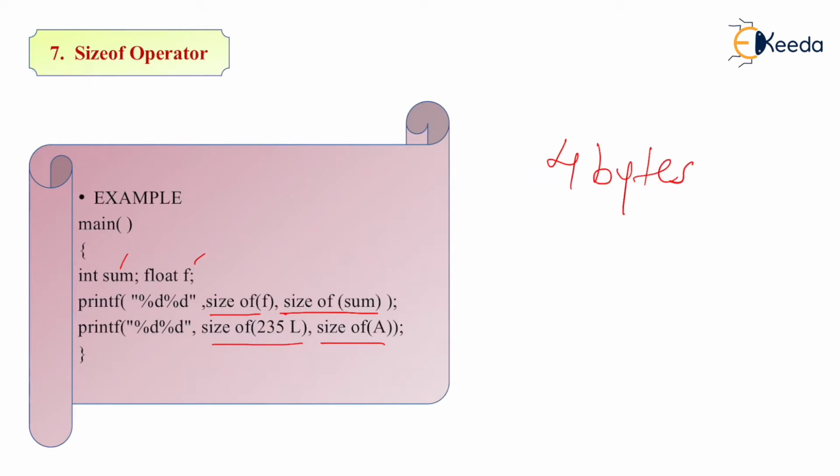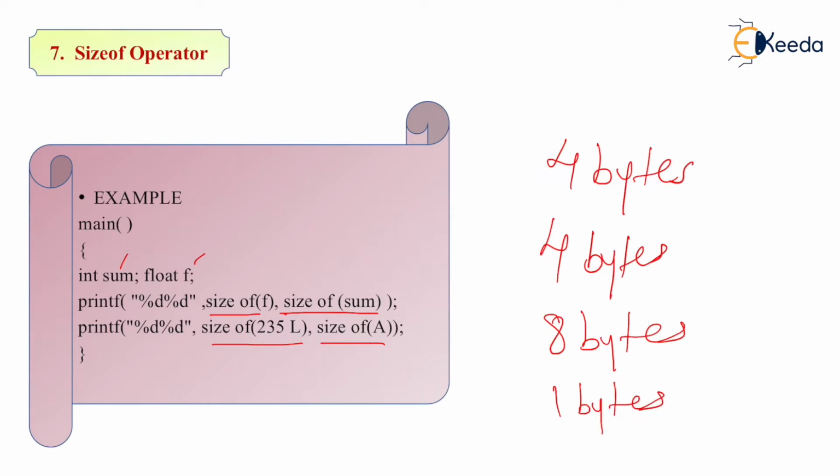And for the size of sum, that is of integer type, the same thing, that is also 4 bytes. But for the size of 235L, that is a long value, so you will get a size of 8 bytes. And for sizeof 'A', that is a character A, so you will get a size of 1 byte.